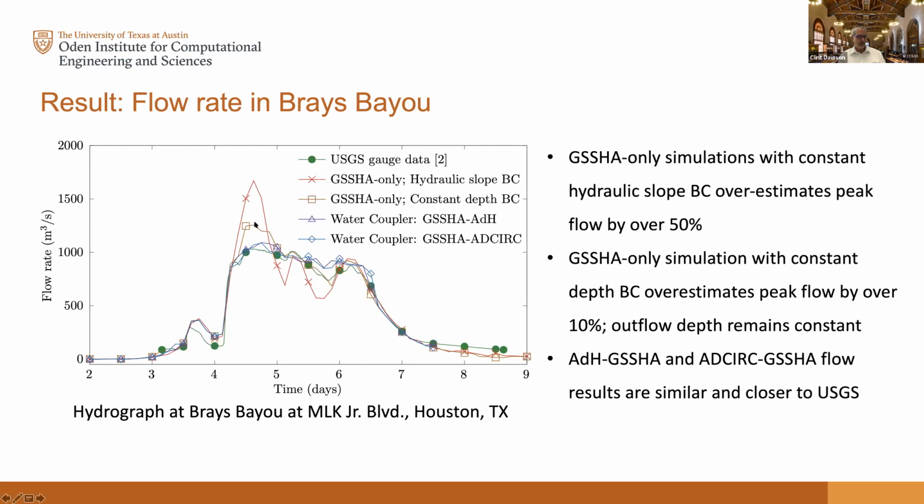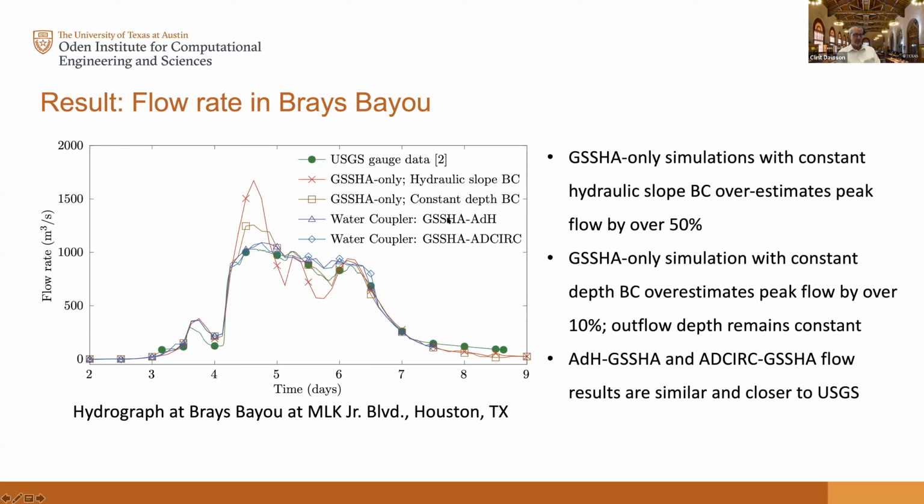it actually over-predicted the flood fairly substantially in one case, depending on what kind of boundary conditions we used. This wasn't calibrated, it was just run straight out of the box. And it also had a few oscillations that may be numerical errors.